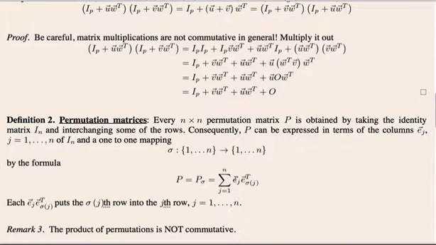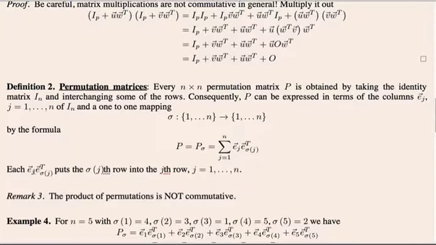So it's one of the column vectors, going from 1 to n, multiplied with the transpose of some other column vector. Which one depends on the particular permutation that we have.